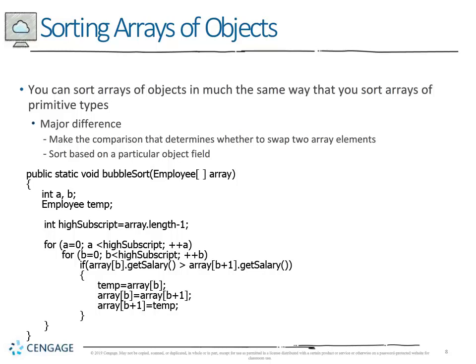The comparison for determining whether a swap should happen uses method calls to the getSalary method to compare the returned salary for each Employee object in the array with the salary of the adjacent Employee object. So the result will be sorting the array based on the employee's salary. Dot getSalary with round parentheses is the accessor method to get the salary of the object.